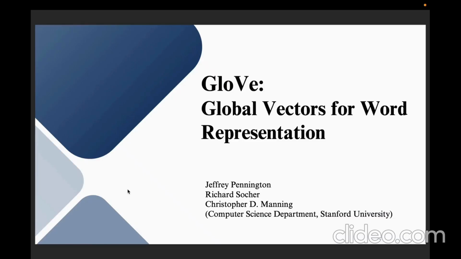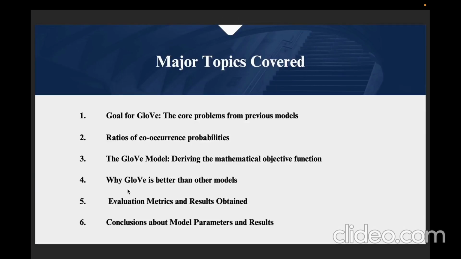Hello, in this presentation, we will summarize the research paper GloVe, which stands for Global Vectors for Word Representation. Major topics covered in this research paper were, first, the goal of GloVe, which arose from the core problems of previous models.